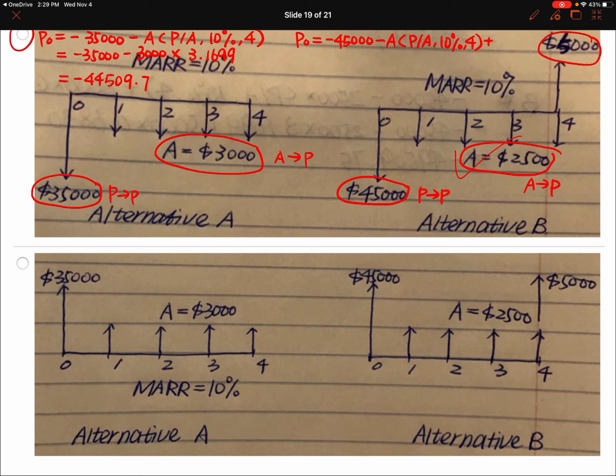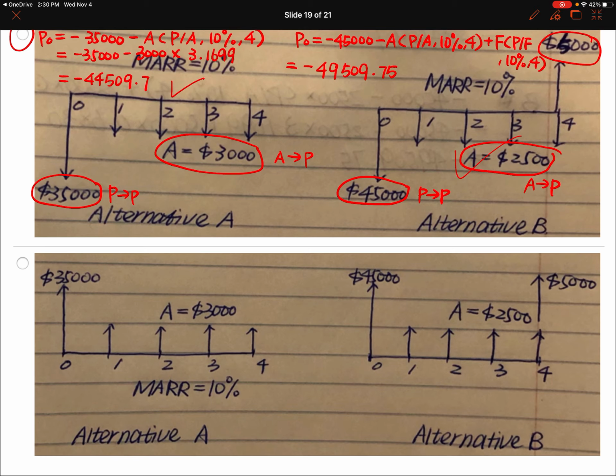So plus a future value, the formula, and the (P/F, 10%, 4). Okay, and then if you calculate, the final answer is gonna be negative 49,509.75.